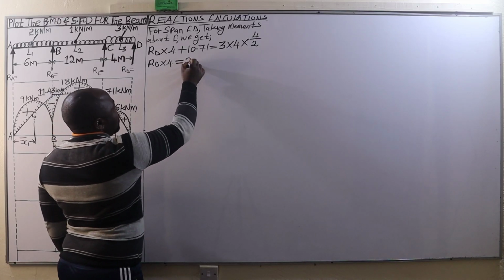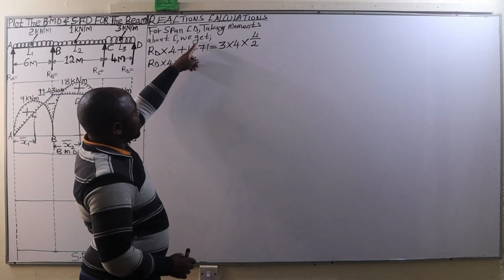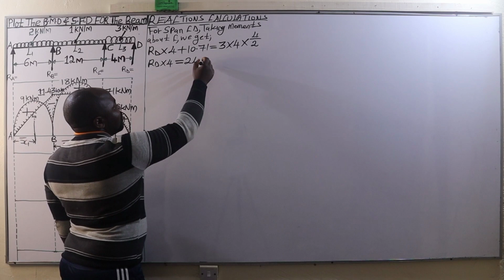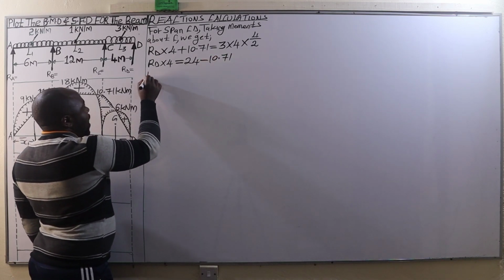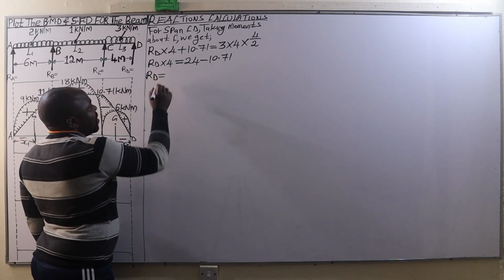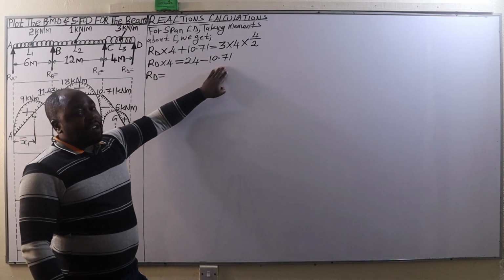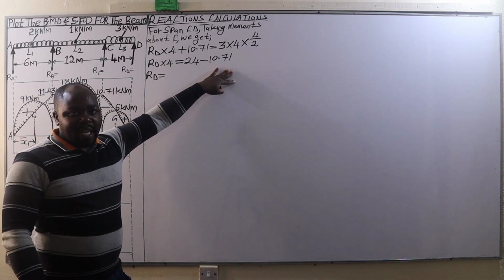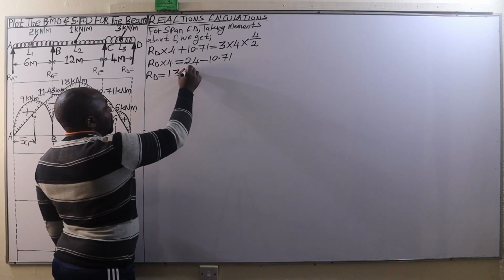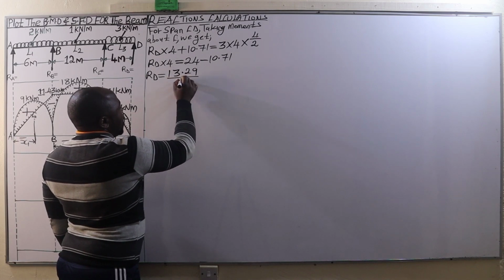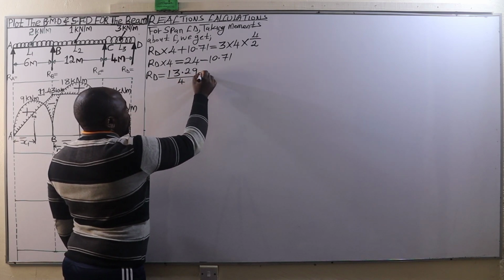So 10.71 on this side of the equal sign becomes minus 10.71. And the reaction at D is going to be 24 minus 10.71, that is 13.29. So 13.29, we divide that by 4.